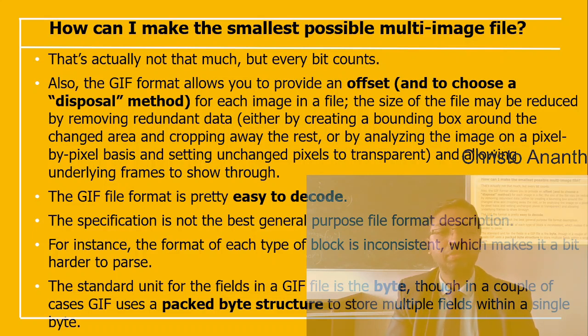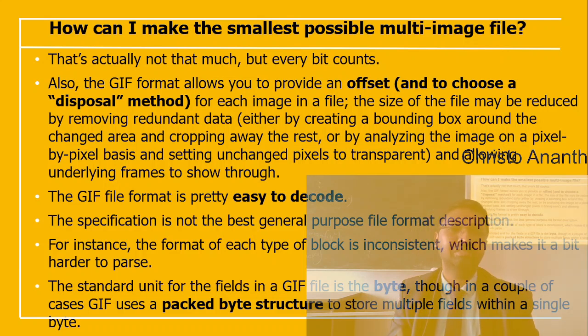So the GIF file format is pretty easy to decode. The specification is not the best general purpose file format description, though. For example, the format of each type of block is inconsistent, which makes it harder to understand. The standard unit for the fields used in the GIF file is the byte.